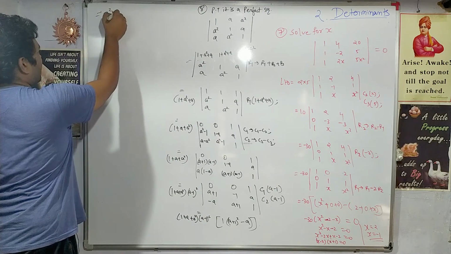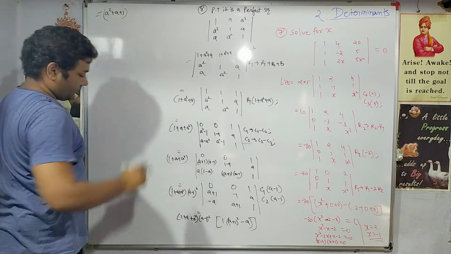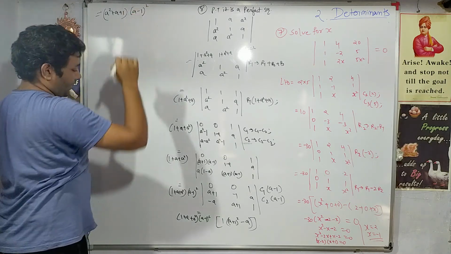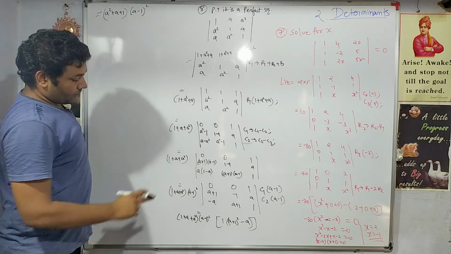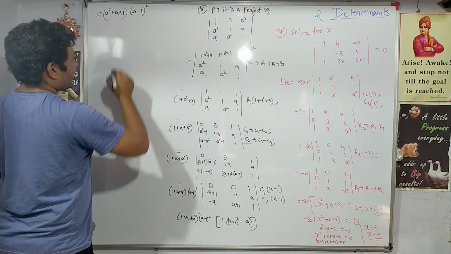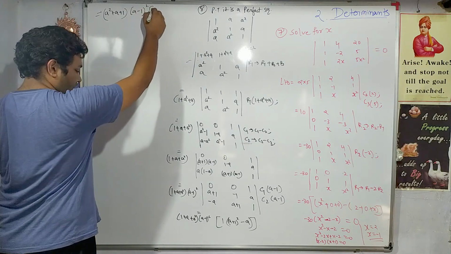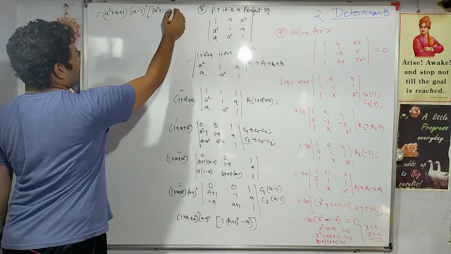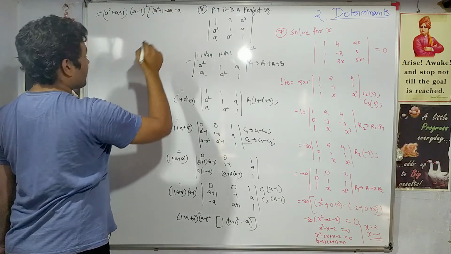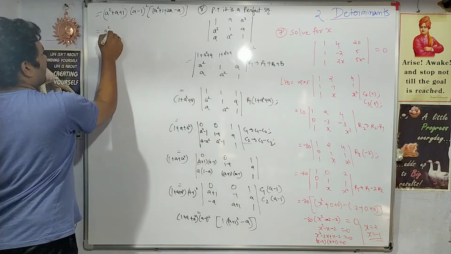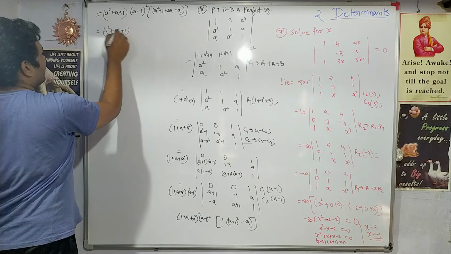Further simplification: a square plus a plus 1, times a minus 1 whole square. Let me open the brackets. So a square plus 1 plus 2a, minus a, so a square plus a plus 1.